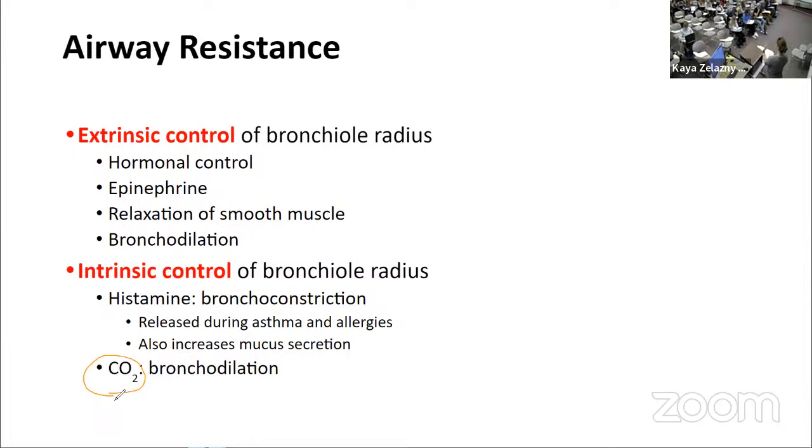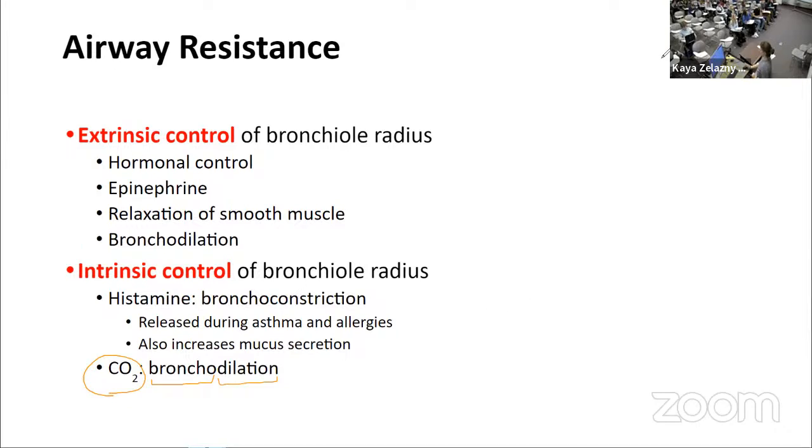So to breathe out a lot more of this waste product, you're going to want to open up those airways more and increase the ventilation, increase that airflow in and out so that you can get carbon dioxide out. We'll see when we talk about gas exchange that your body is really carefully regulating how much carbon dioxide is in your blood. So carbon dioxide is a trigger for bronchodilation. The way I like to remember that is that if you want to get rid of a gas, make the airway bigger so that you can have more flow.